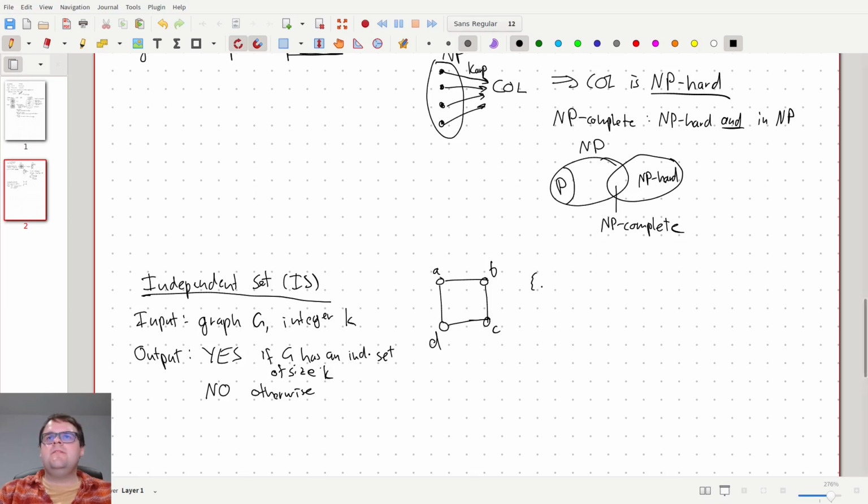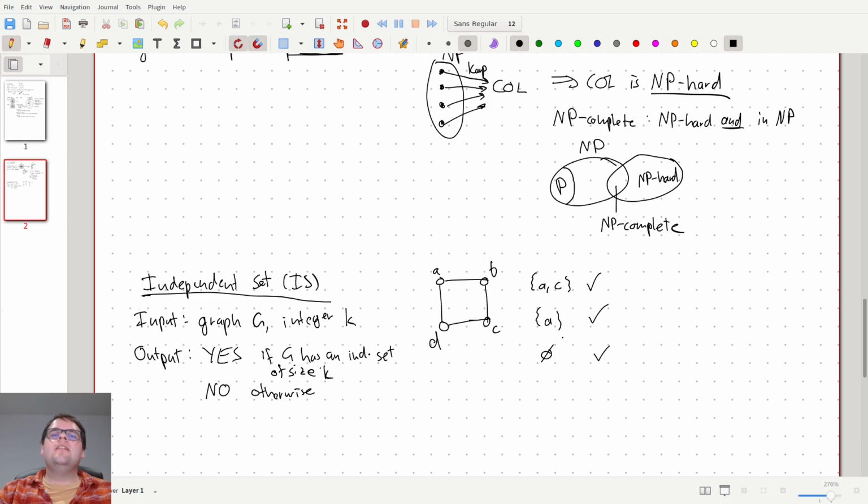For example, if you take A, C, that's a set of nodes, node A and node C. There's no edge between A and C, so this is an independent set. And then just a set with node A, that's also an independent set because there's no edge from A to A. And then the empty set, containing no nodes, is also an independent set because there are no edges between no nodes, right?